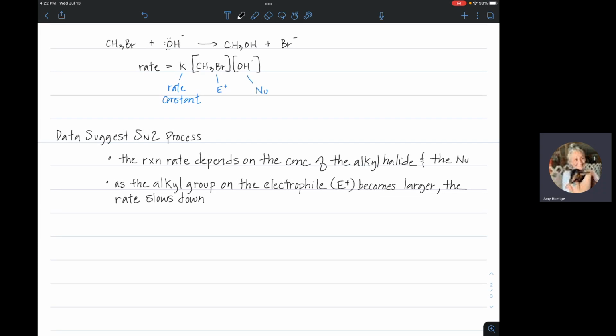So the smaller the alkyl group on the electrophile becomes, the faster the reaction occurs.